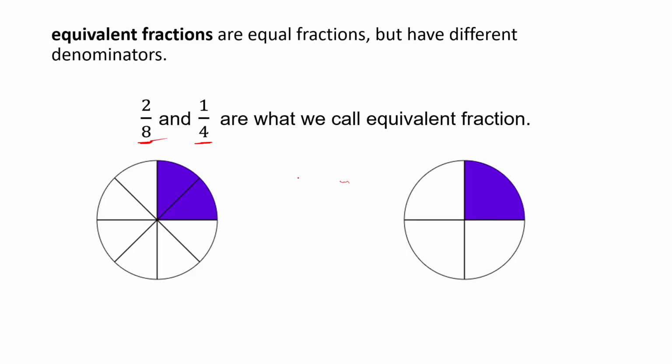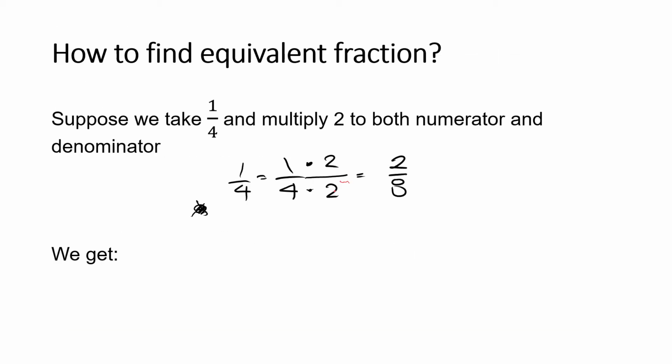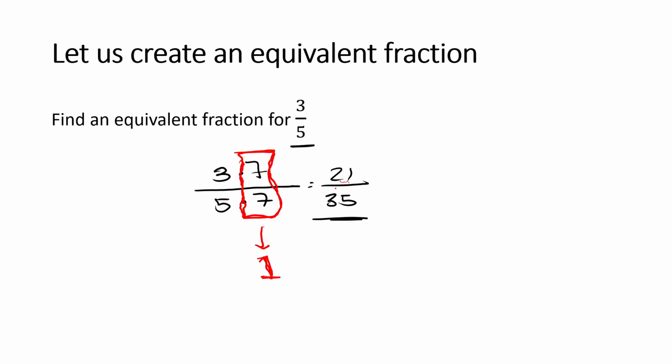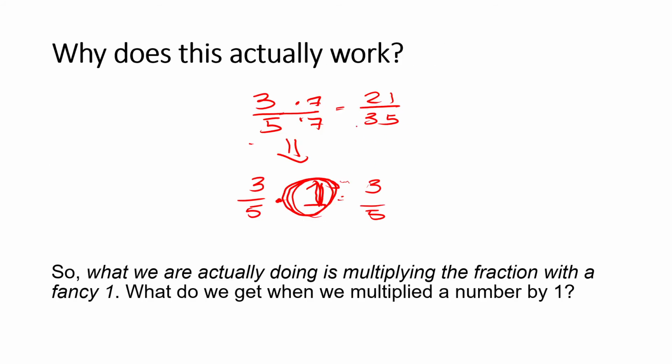They'll have the same amount of shaded area. As you can see, 2 over 8 looks bigger than 1 over 4. But when you compare them side by side and you draw them, they are equivalent fraction. So fraction, you cannot judge fraction by looks. Just because it's using big numbers doesn't mean it's going to be a big fraction.